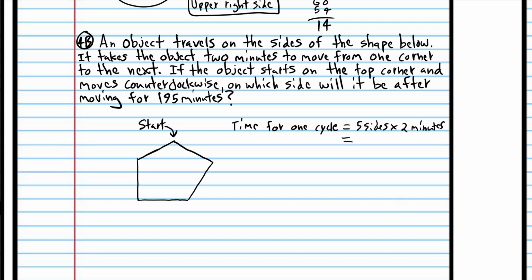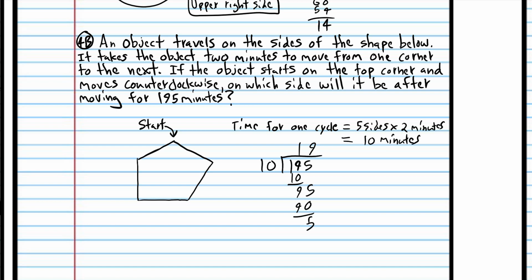And that equals 5 times 2 is 10 minutes. So it takes 10 minutes to do one full cycle. So we want to figure out how many times 10 goes into 195 minutes, because this problem is 195. 10 goes into 19 one time. 10 goes into 95 9 times. And the remainder is 5.